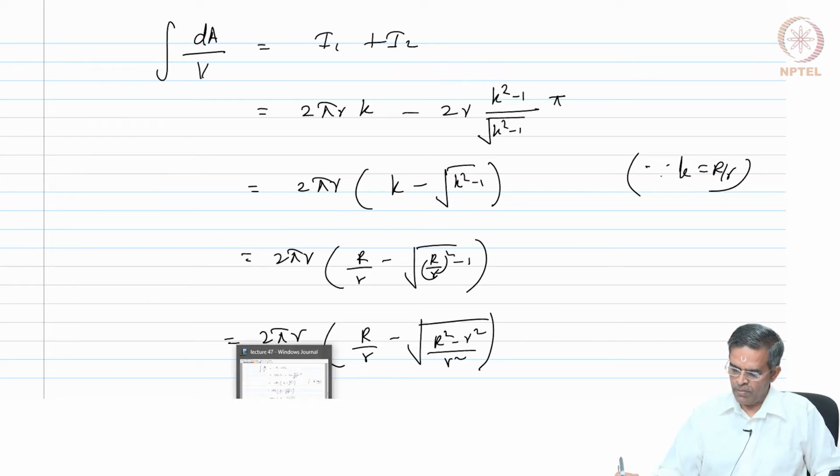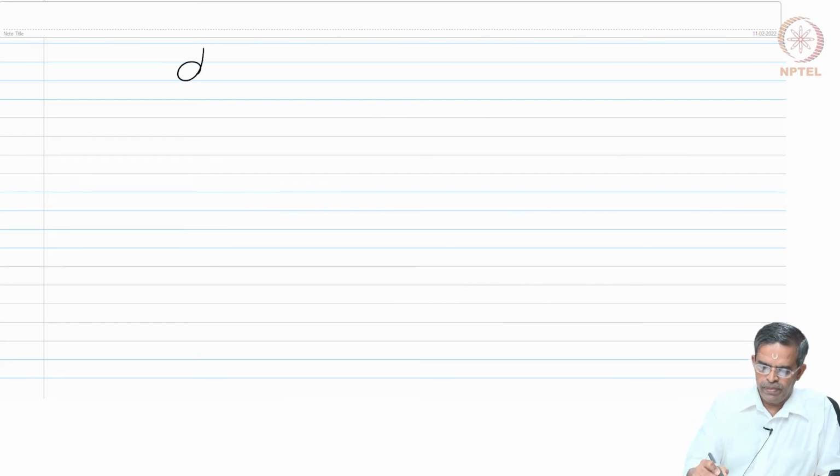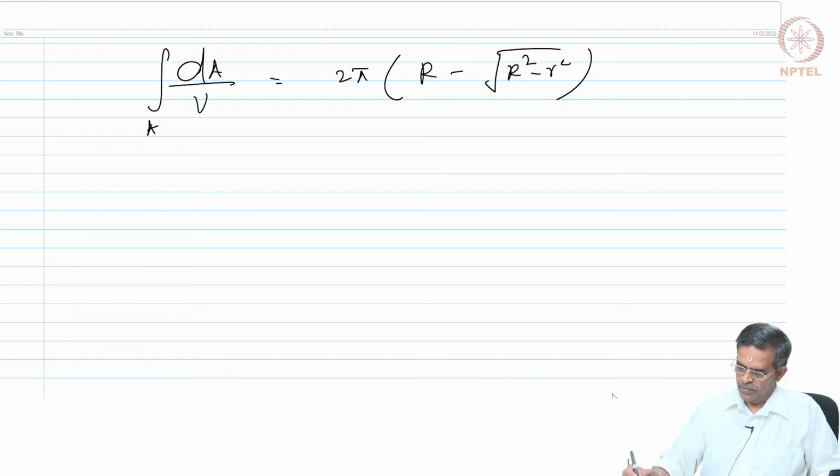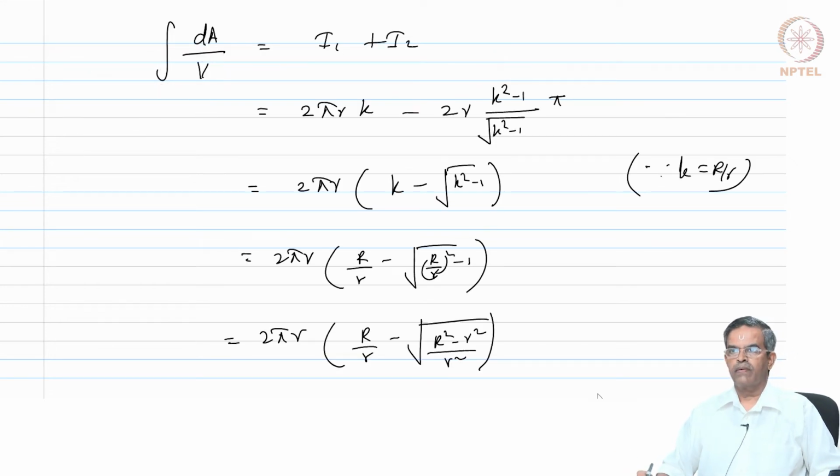Okay. So, the integral dA by V is 2 pi R minus root of R square minus r square. That is what we have. Okay, r gets cancelled, right.